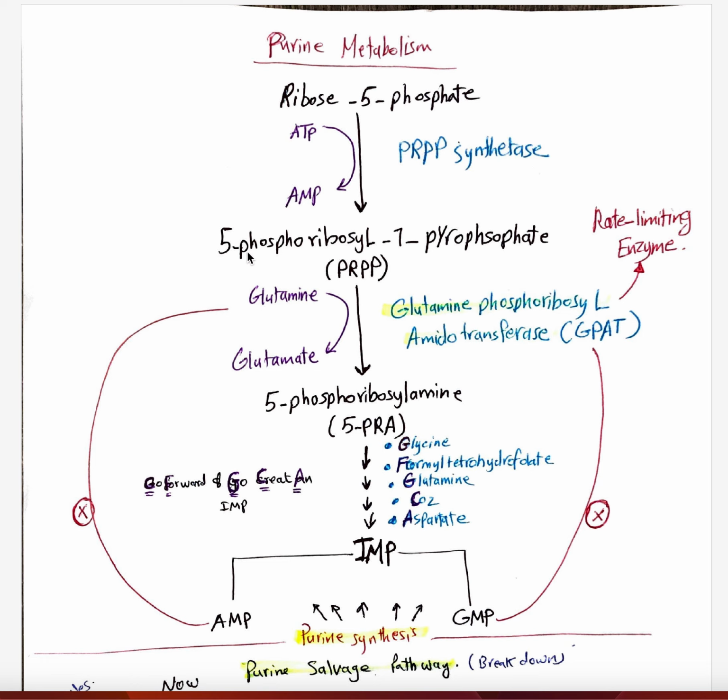So P, phospho, R, ribosyl, P, pyro, P, phosphate. So 5-phosphoribosyl 1-pyrophosphate, and we add synthetase enzyme. And in this reaction, we actually use ATP to turn it to AMP. So the first reaction is ribose 5-phosphate by the enzyme called 5-phosphoribosyl 1-pyrophosphate synthetase, and that leads to the formation of the 5-phosphoribosyl 1-pyrophosphate product.